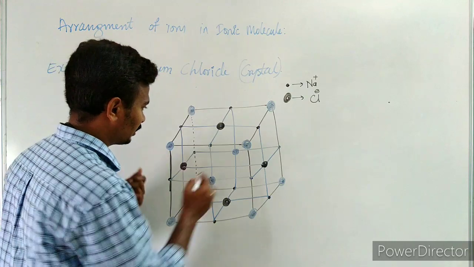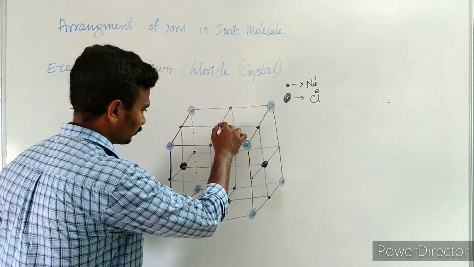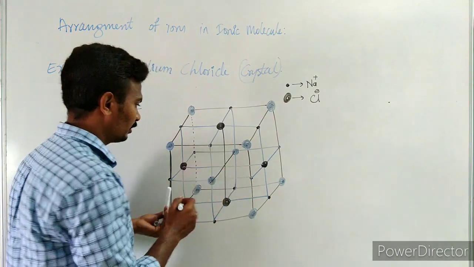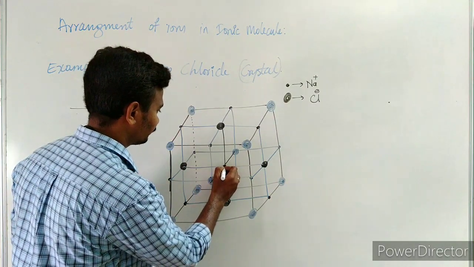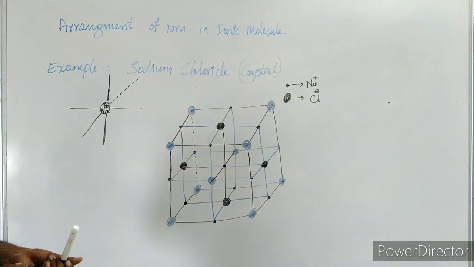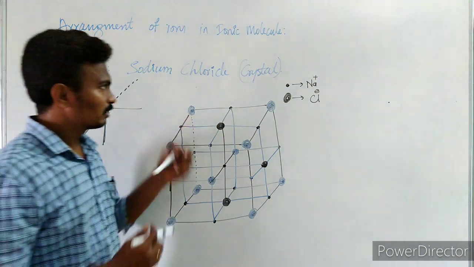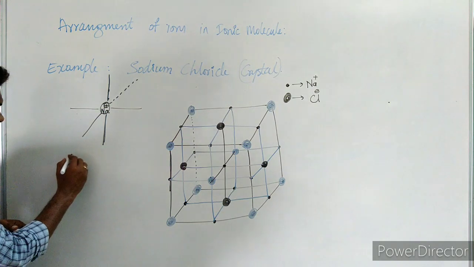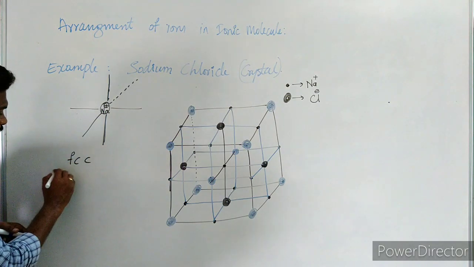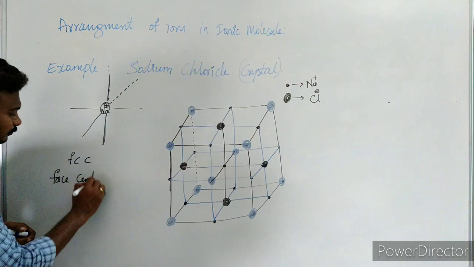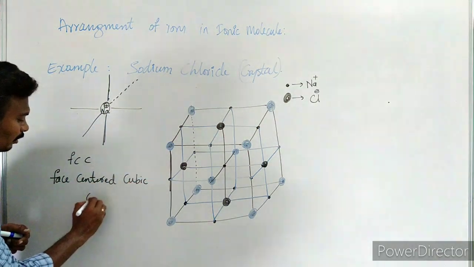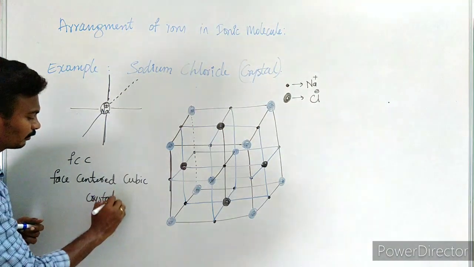These will also be connected to each other. At this center again we have one Na plus ion. In this way, sodium chloride will be arranging its counter ions in the form of FCC, face centered cubic crystalline structure.